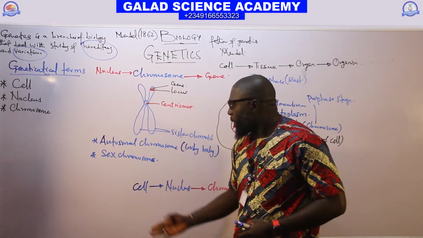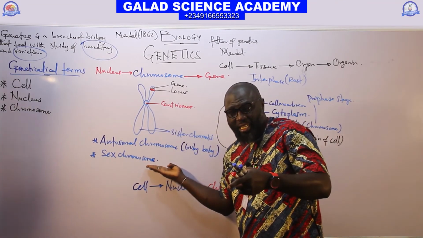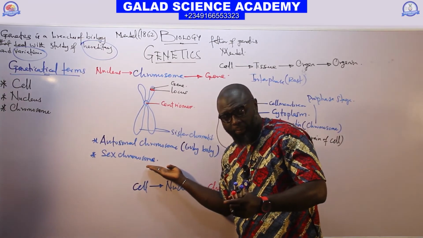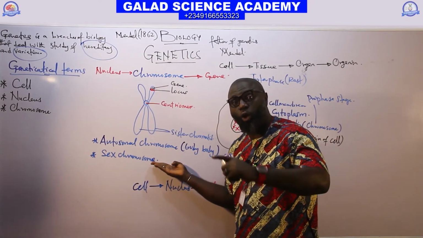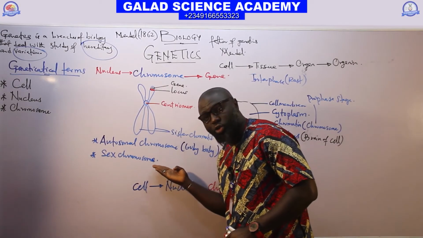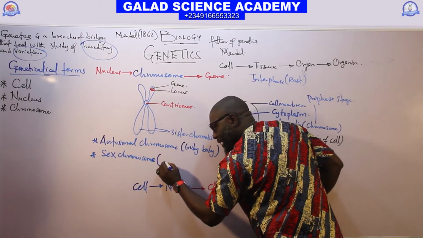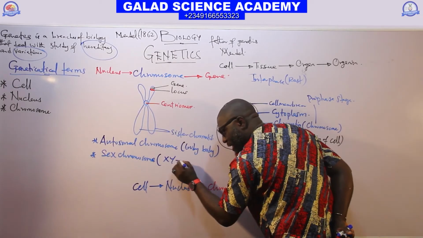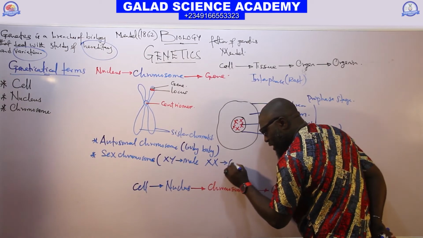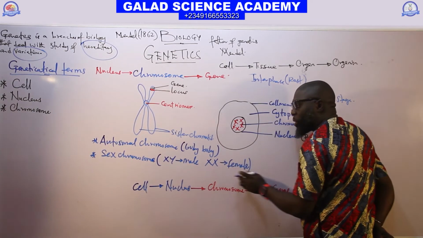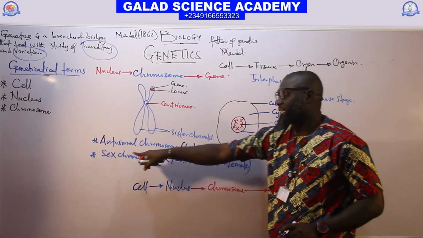But the sex chromosomes are the chromosomes that determine the sex of an animal, either male or female. Determined by sex chromosome. This sex chromosome in male is XY, but in female is XX. So these are the chromosomes that determine the sex of an animal, or sex determination.